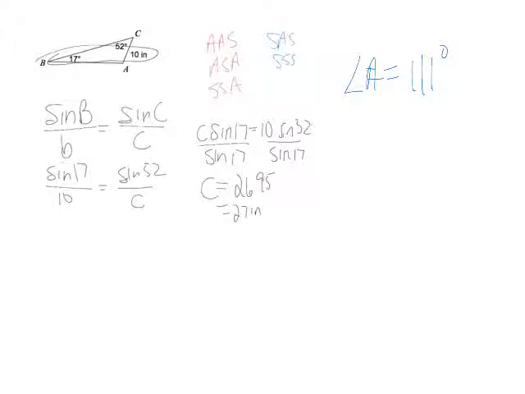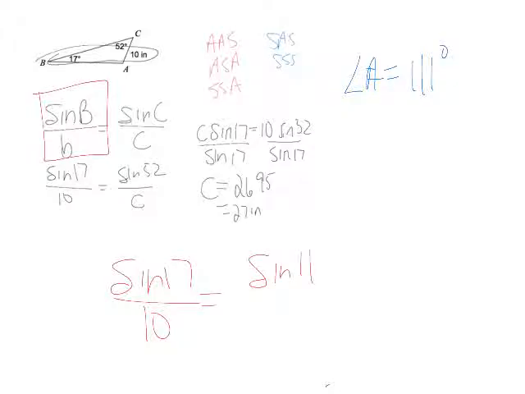So then we can go ahead and use it. Guys, I always end up just using the original ratio, because you're not going to want to use anything that you have solved, since you might end up getting the wrong number and then using the wrong number. So I just set up the original: sine of 17 over 10 equals the sine of 111, that's angle A, over side A. Of course you cross multiply and divide.